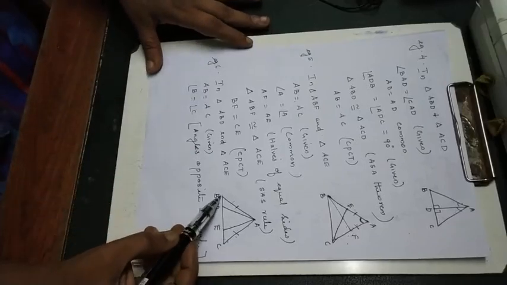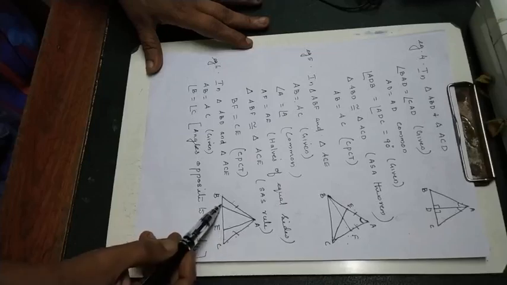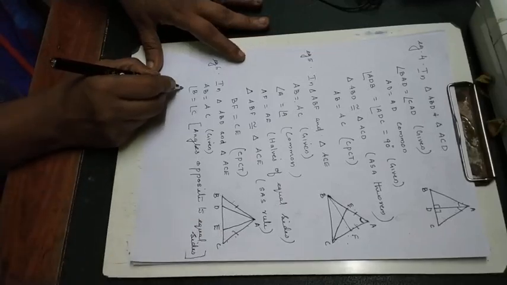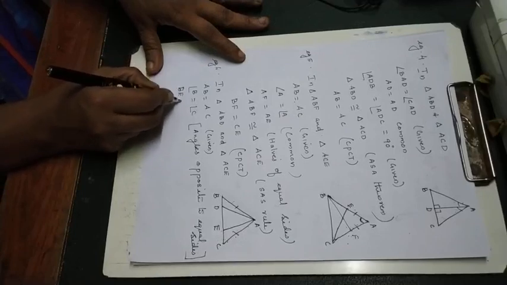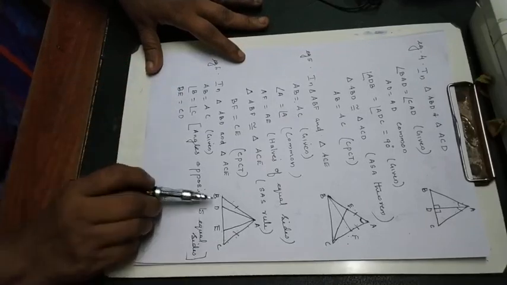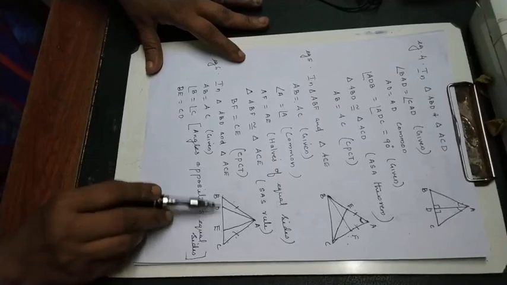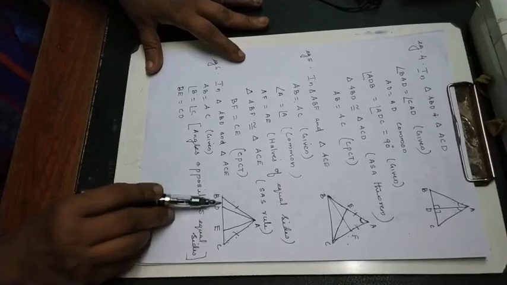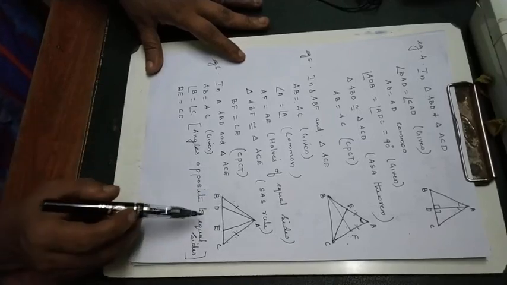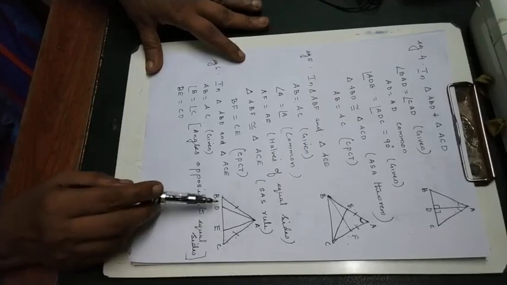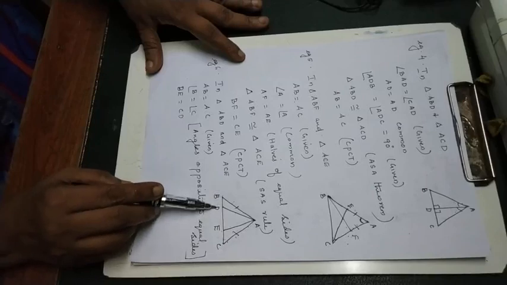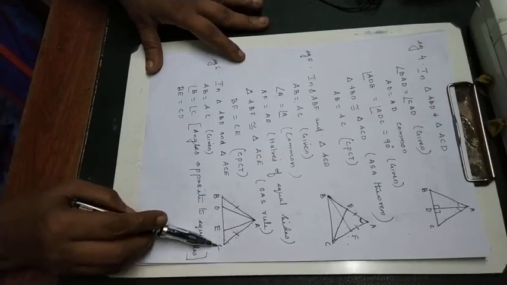Now it is given BE equal to CD. This one it is given BE equal to CD. Now if you are subtracting DE from both, so then what will happen? BD will be equal to EC.